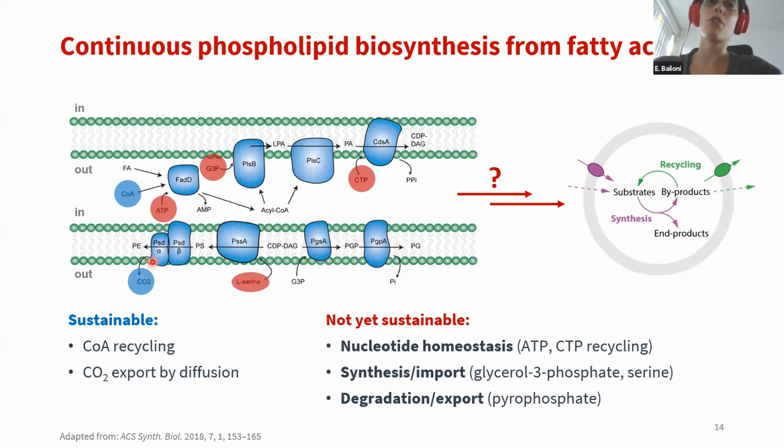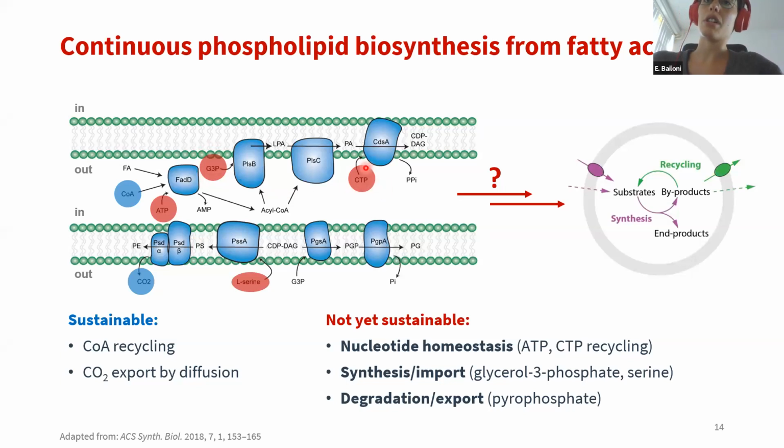However, there are many more components that are not sustainable. ATP needs to be fed from the inside of the synthetic cells. Same for the head group, glycerol 3-phosphate, because this is not a membrane permeable substrate. So we either would need to have an importer or to indeed synthesize it from the inside.